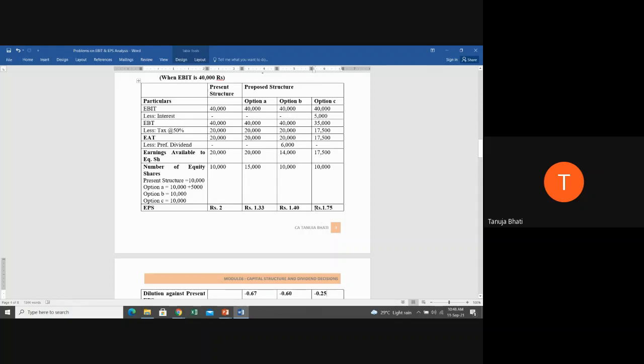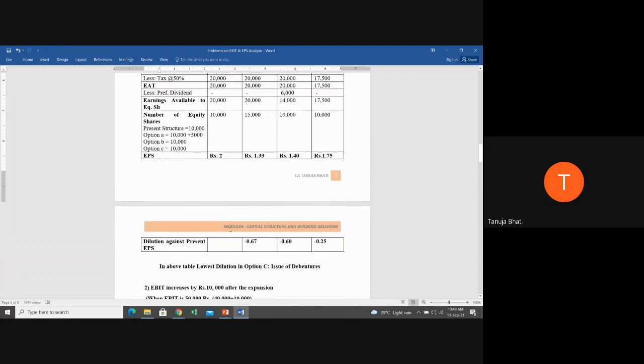And when you compare EPS among option A, B and C, you will select option C because it is giving you the highest EPS. So in the above table, the lowest dilution is in option C. Option C is issue of debentures, therefore you will opt for it.